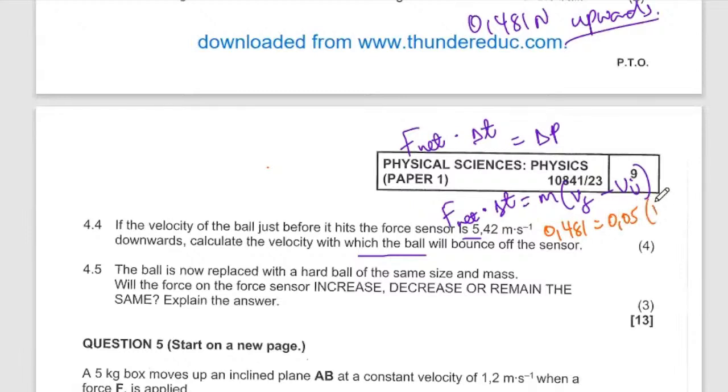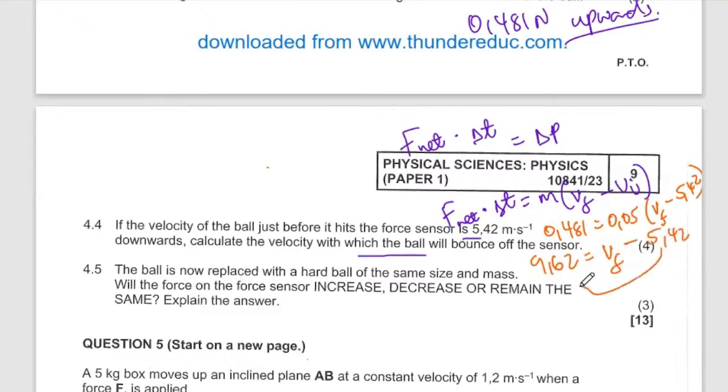Then the final minus the initial, which is 5.14. I'll start by dividing both sides by 0.05. So 0.481 divided by 0.05, I'm getting 9.62, is equal to V final minus 5.14.